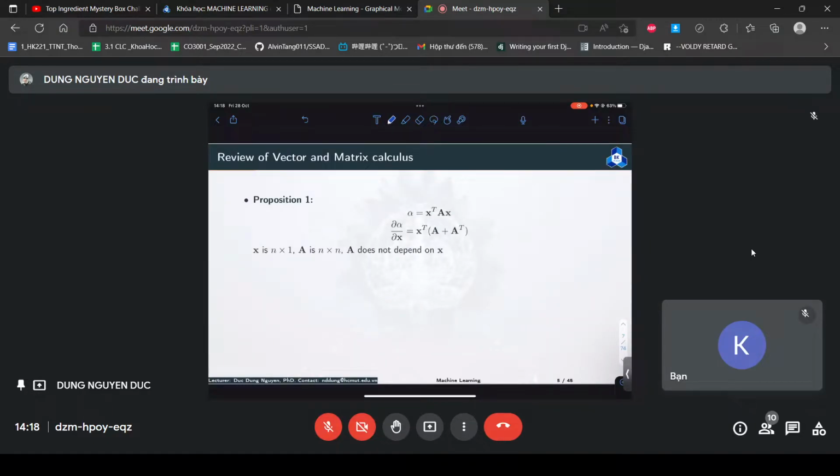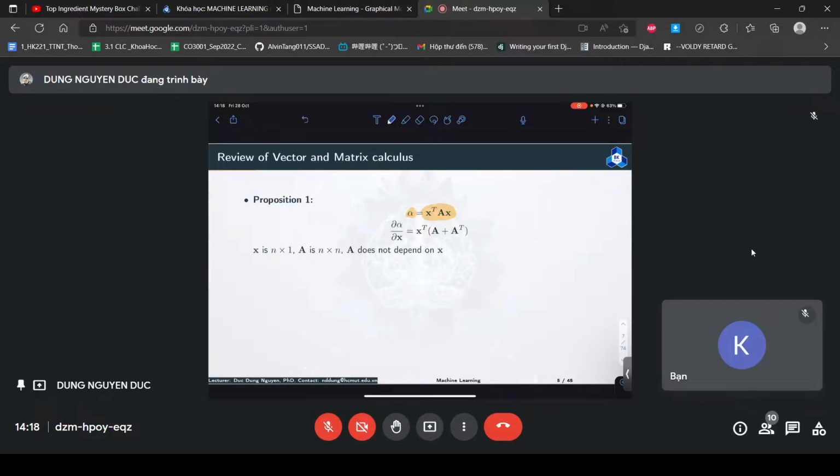There are some propositions that you may want to remember because they are going to be useful in the long run. For example, you have a term like alpha equal to x transpose multiplied with a matrix A multiplied with x.